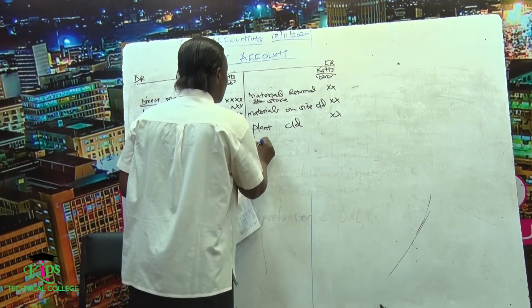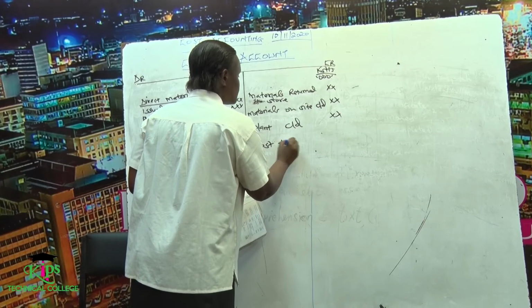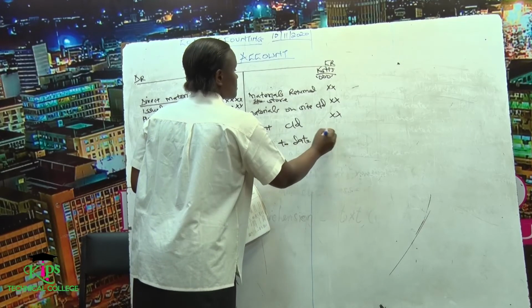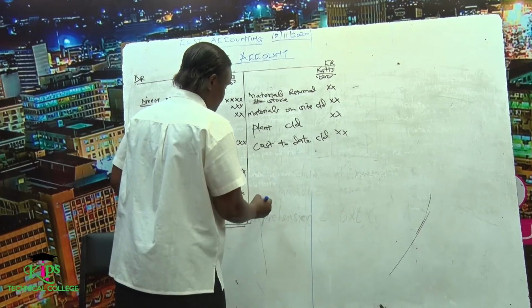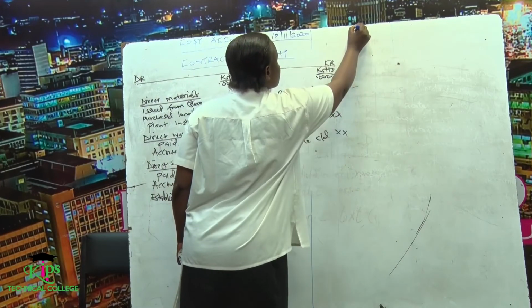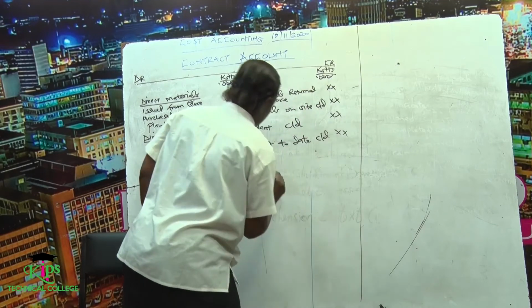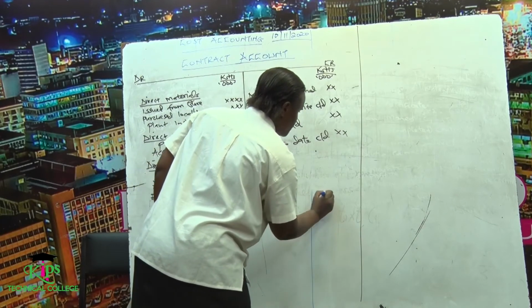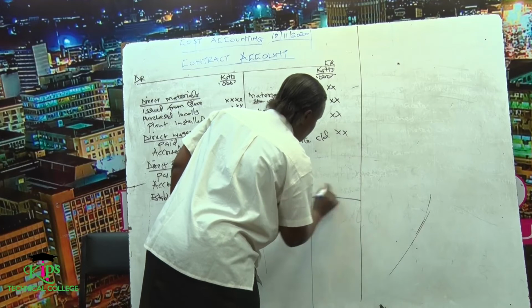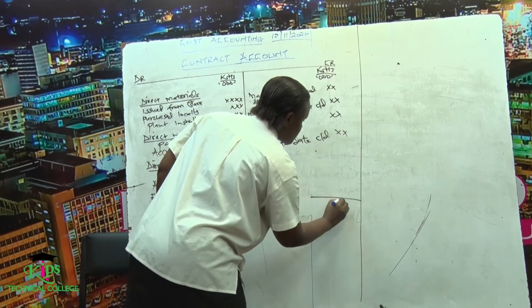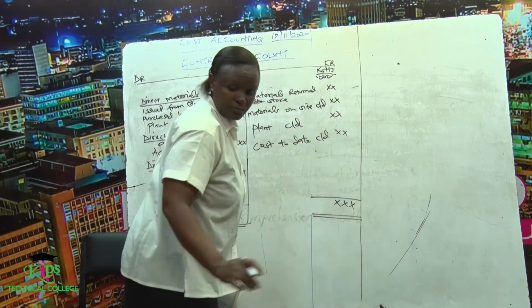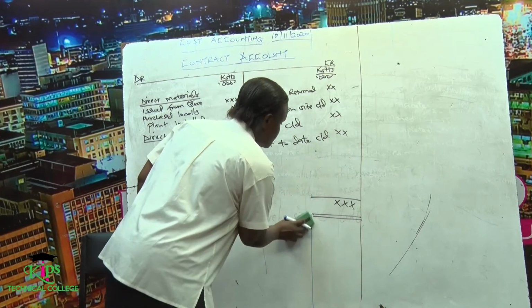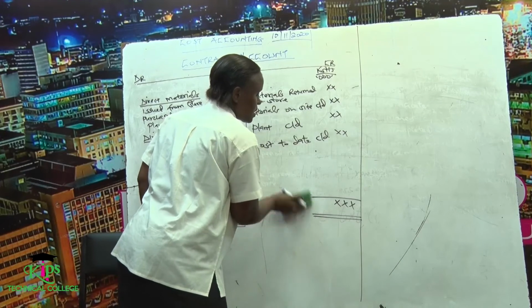And then you write the cost to date carried down on the credit side. So this will give you the same value, which should be on the same line. That is the format of the contract account.